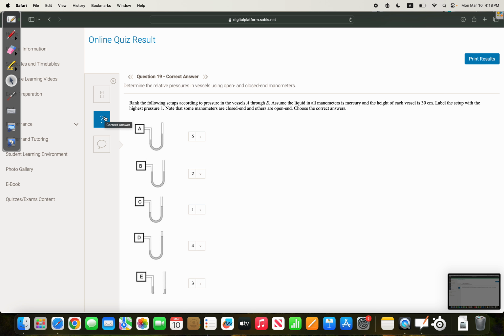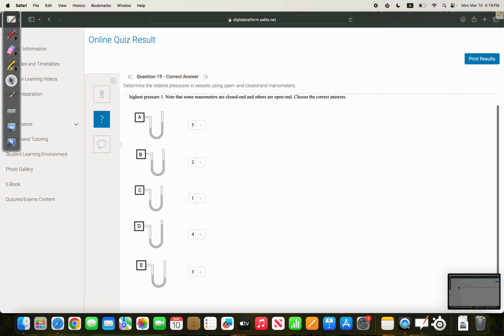Number 19. Rank the following setups according to the pressure, vessels A through E. Assume that all liquid in the... Okay, so first of all, the ones with atmospheric pressure will always be the highest.